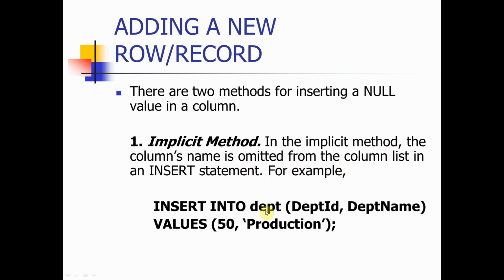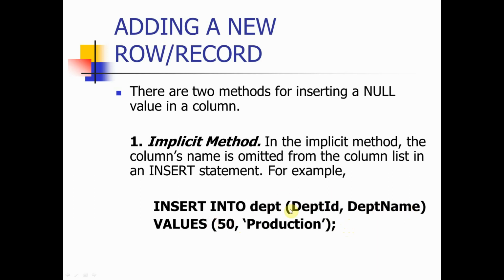For example, department has four attributes: department ID, department name, manager, and manager start date. So what if I have a new department and have not decided who is going to be the manager yet? Take a look at this code. In an implicit way, it provides two attributes, department ID and department name, intentionally avoiding manager and manager start date.